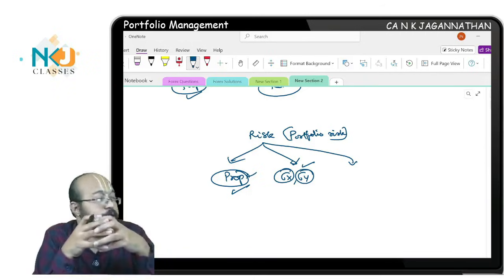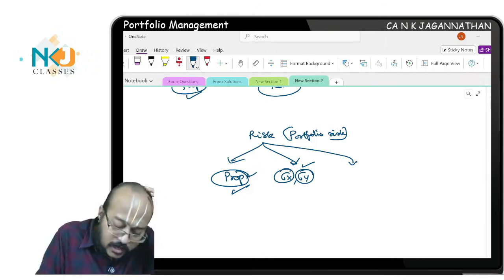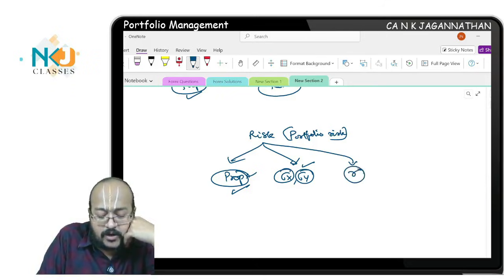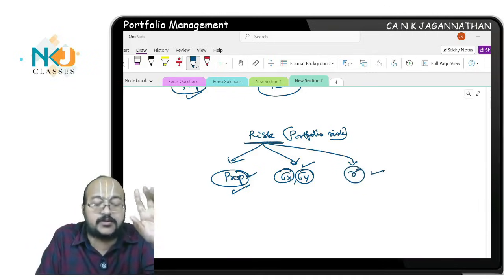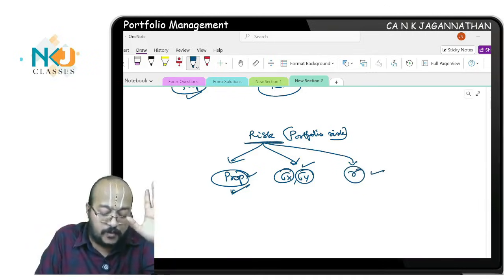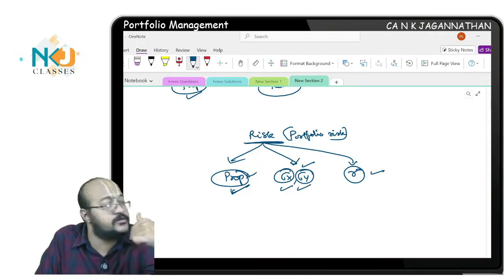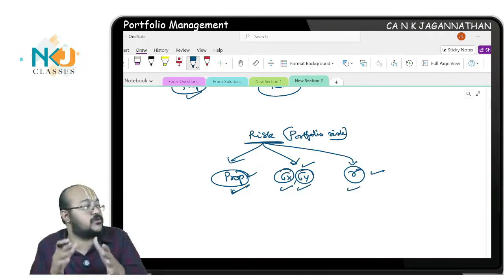The co-movement or correlation, I simply call it R, which means portfolio risk is affected by three factors. One is the proportion of the securities inside the portfolio, second the risk of the individual securities inside the portfolio, as well as the correlation of these two or three securities.